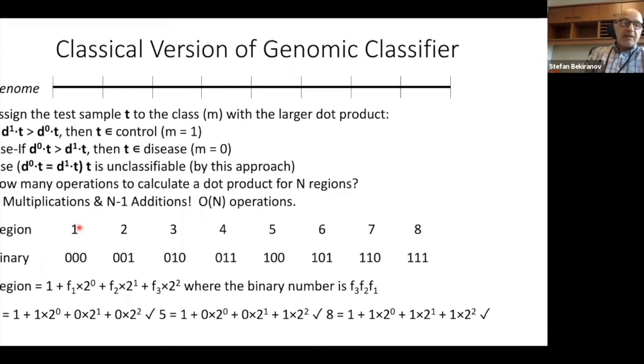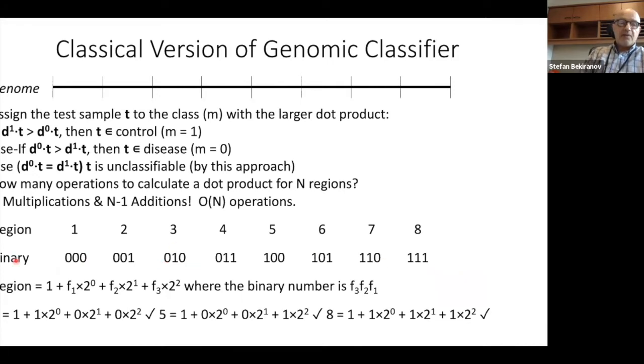Now, normally when you define these regions, you number them: region 1, region 2, region 3, etc., up to 8. But I'm going to use a binary way to encode these regions. So 0, 0, 0 is going to be region 1, 0, 0, 1 is going to be region 2, 0, 1, 0 is going to be region 3, and so on.